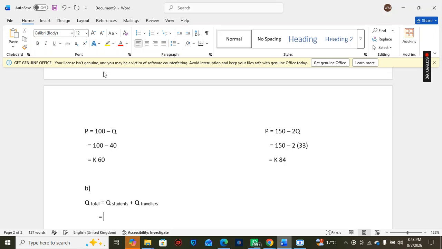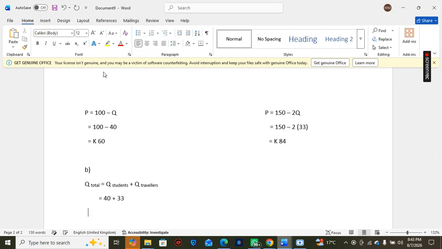Okay, so the number of students 40, number of leisure travelers 33. So in total 73.